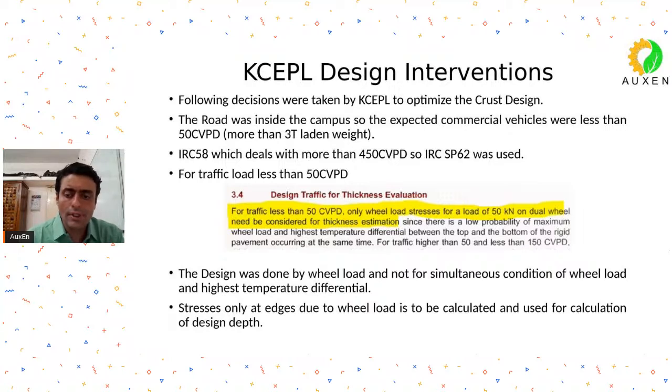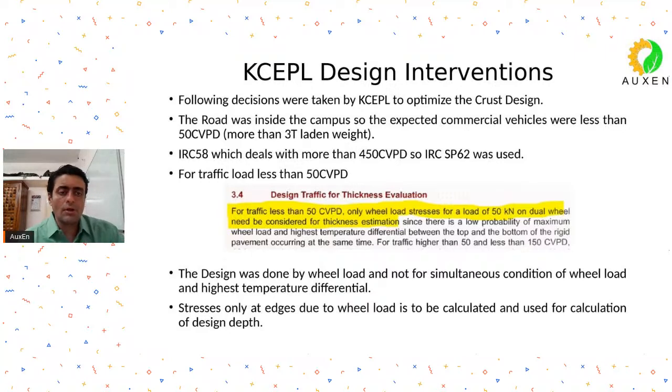If you are aware of rigid pavement design, there are different conditions that we have to take into account. One condition is wheel load at the edge plus temperature variation, another is wheel load at the corner plus temperature variation. Those kinds of conditions you have to take into consideration.